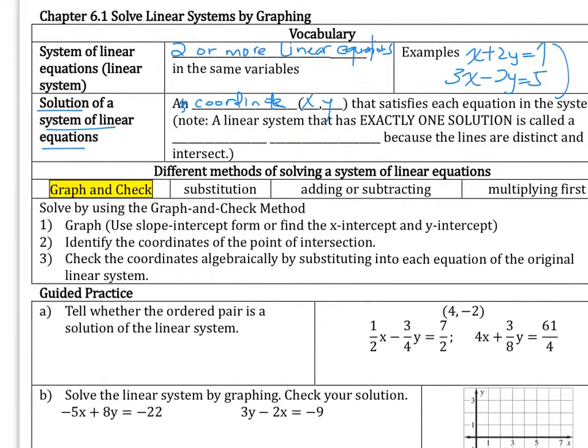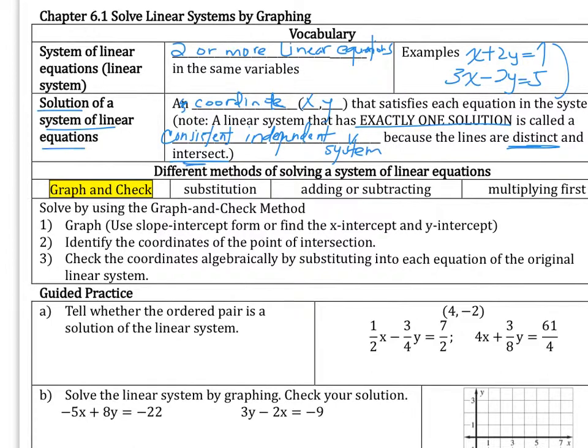Note, a linear system that has exactly one solution is called a consistent independent system, because the lines are distinct and intersect. There are many different methods of solving a system of linear equations.